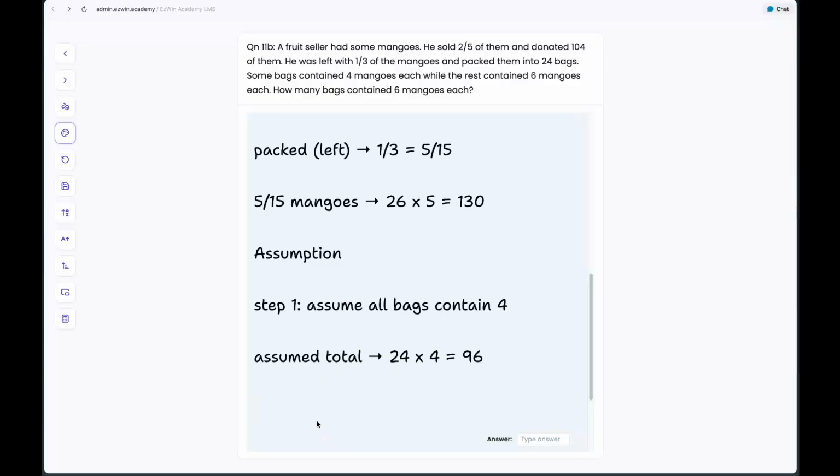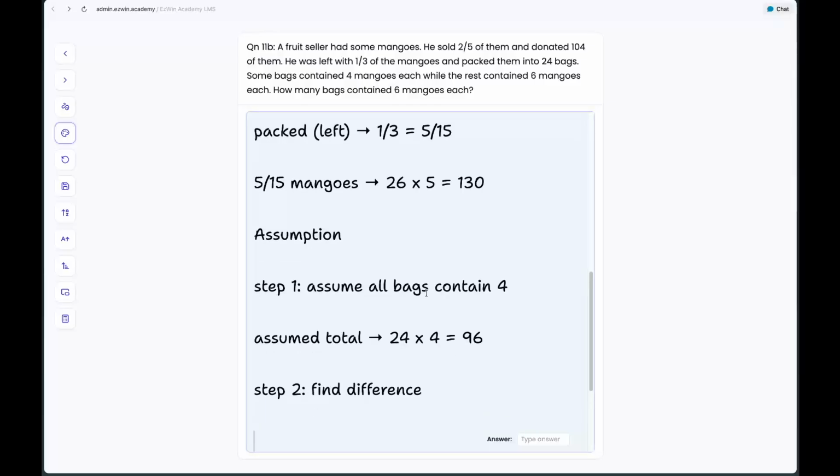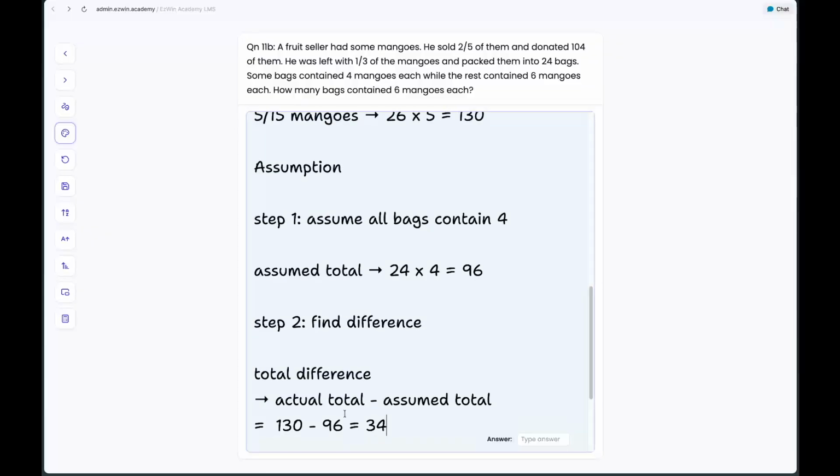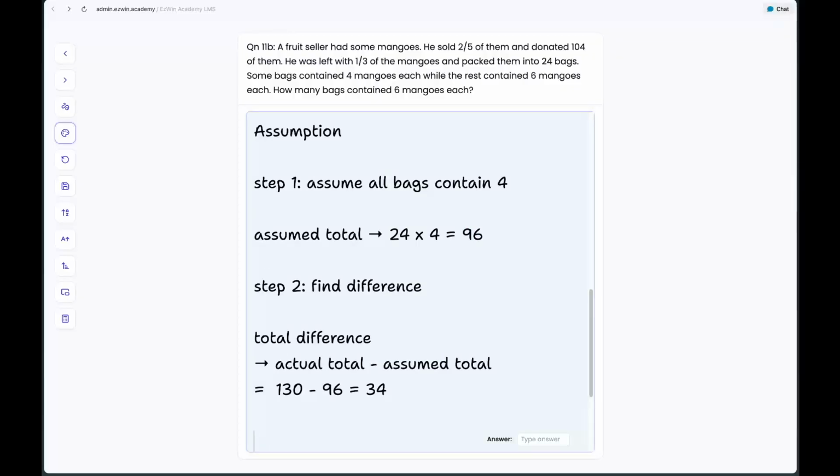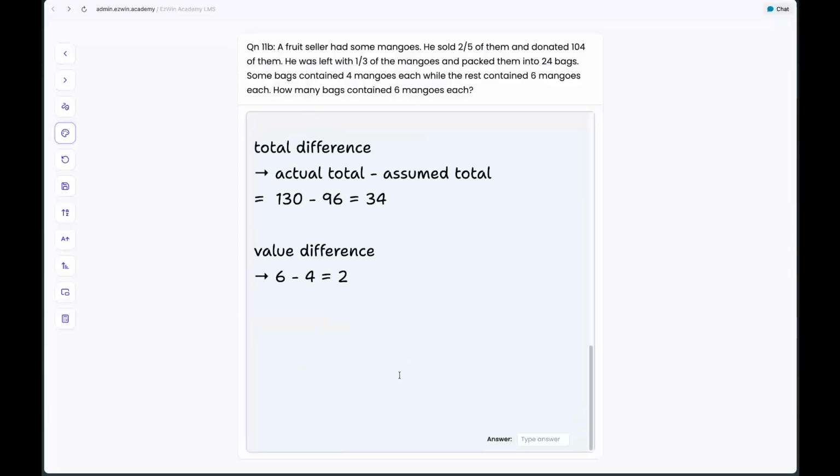Then step 2, we want to find the difference. The total difference is the actual total, which is 130, minus the assumed total 96, which is 34. Then we need to find the other difference, which is the value difference. The value difference would be 6 minus 4, which is equal to 2.